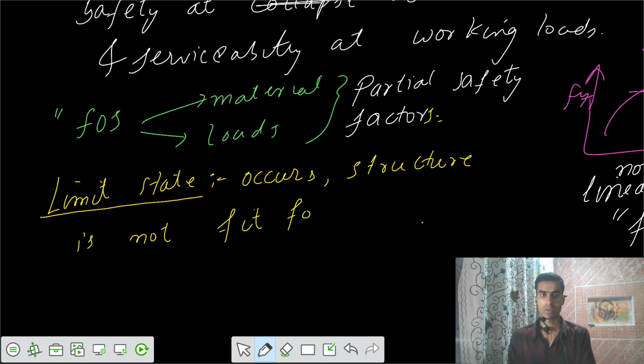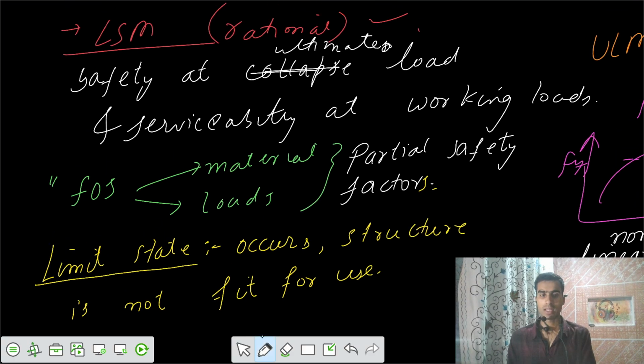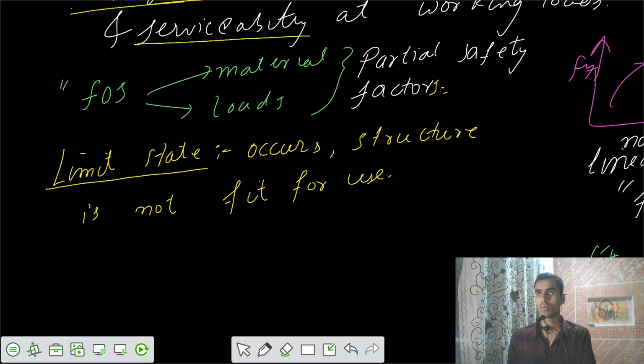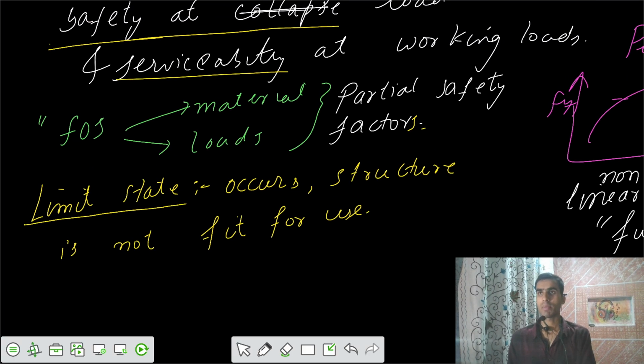We have two different limit states: limit state of serviceability and limit state of collapse. If either one or both has been reached, your structure is unfit for the design use now.